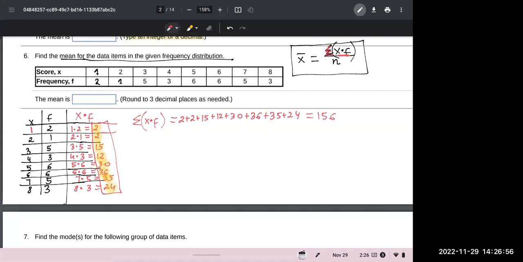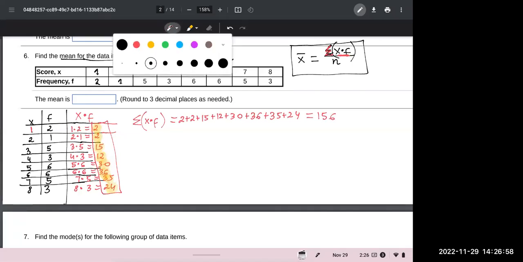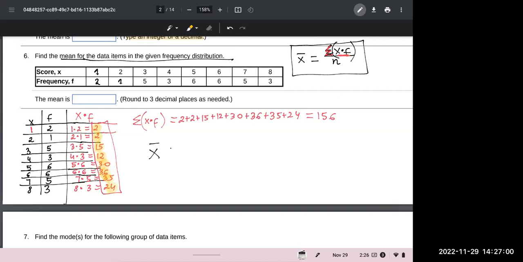Now I can calculate the mean for the frequency distribution table. Again, mean equals sigma x times f divided by n. We calculated sigma x times f, that's 156, and you have to figure out what n is.